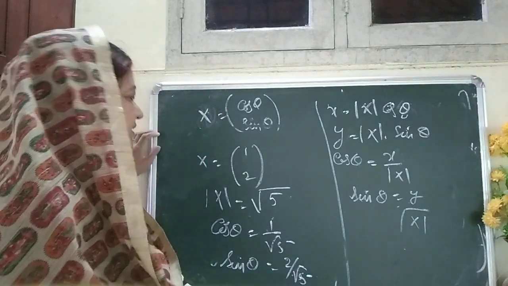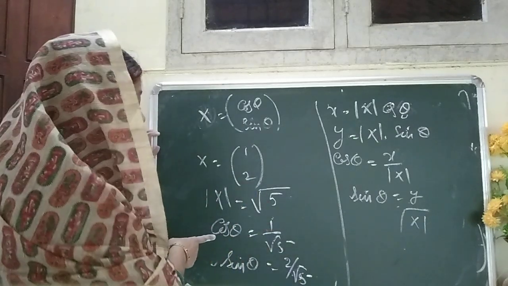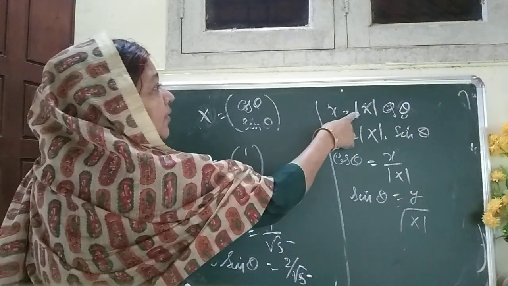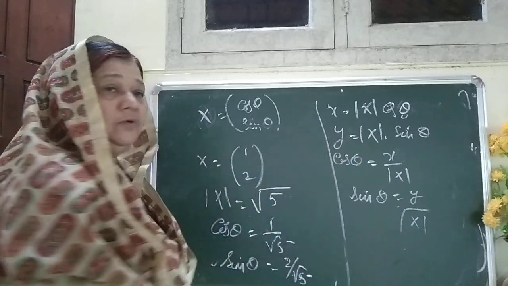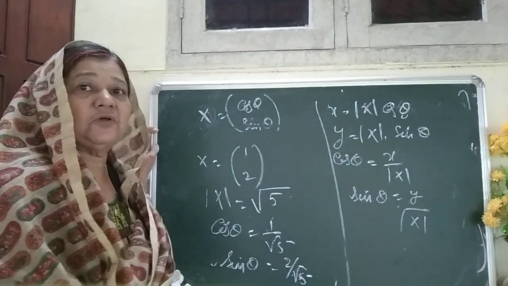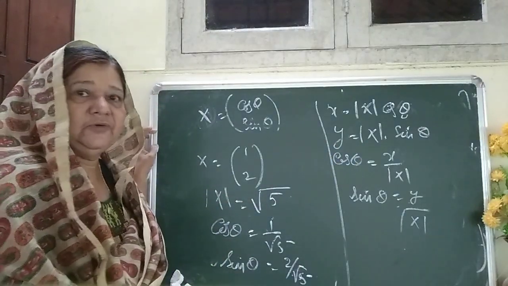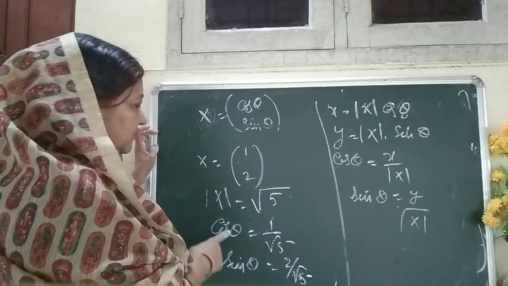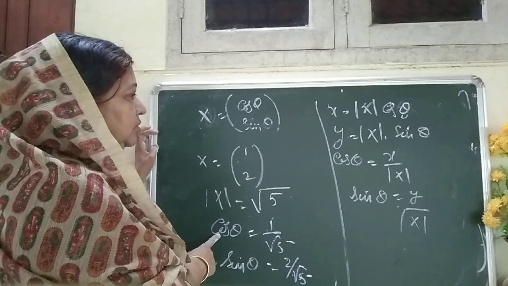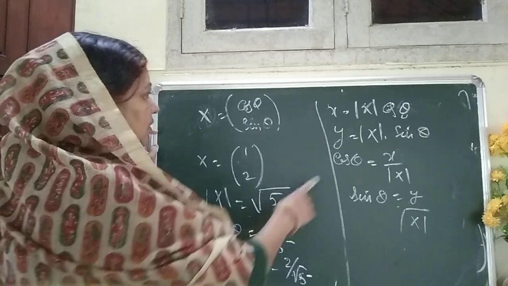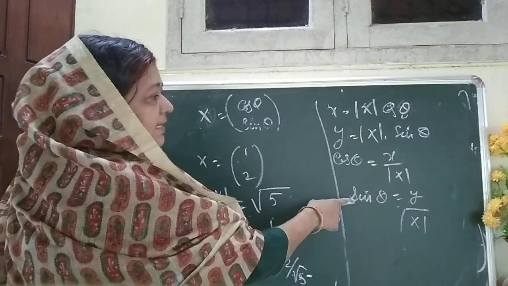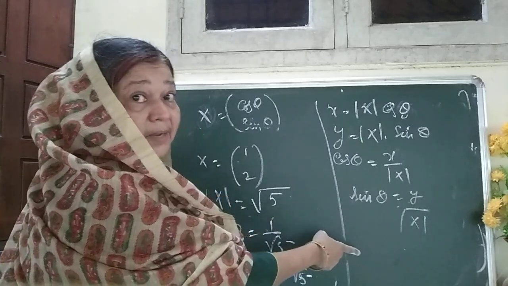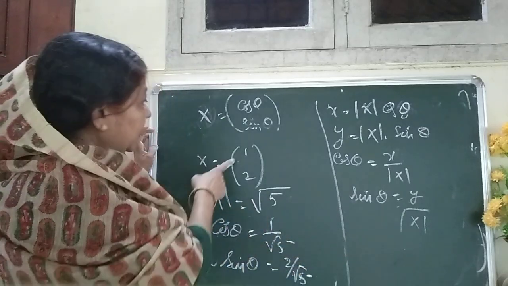Therefore, any vector can be represented in this form: x equal to mod x into cos theta and y equal to mod x into sin theta. This form is called the polar form. So, it is Cartesian form, this is polar form by means of unit vector, where cos theta equal to x by mod x and sin theta equal to y by mod x, where x is the given vector.